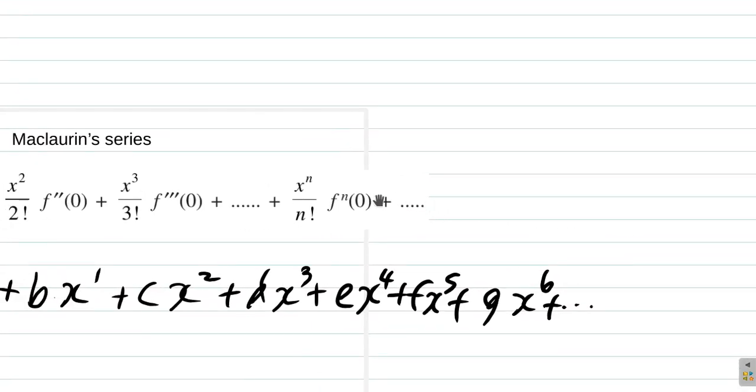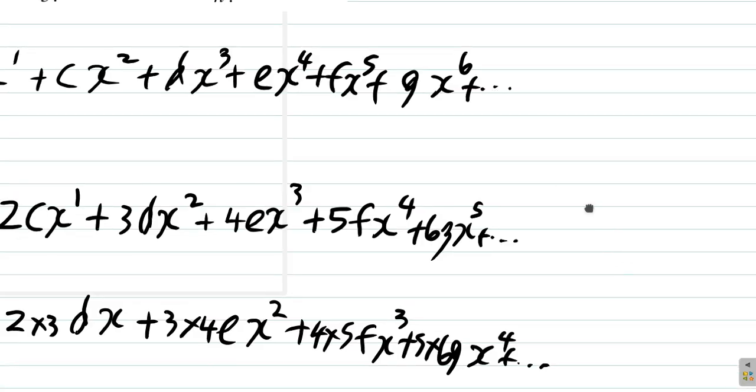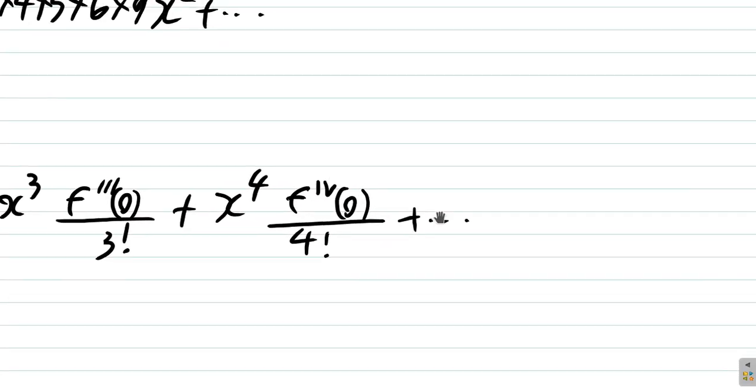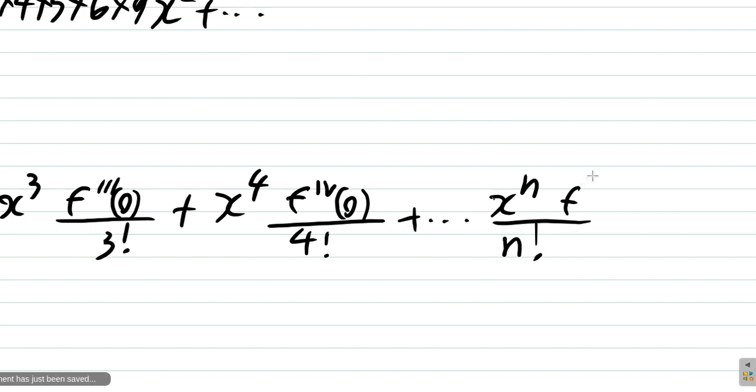And they go on: x to the n over n factorial f nth prime of 0, plus and so on, because it's an infinite series.